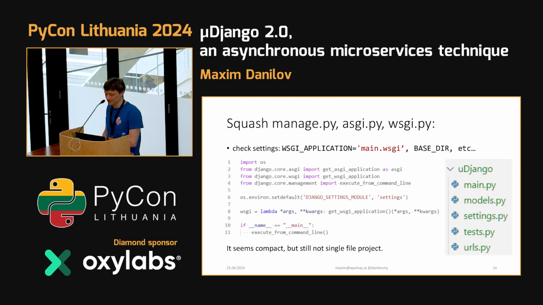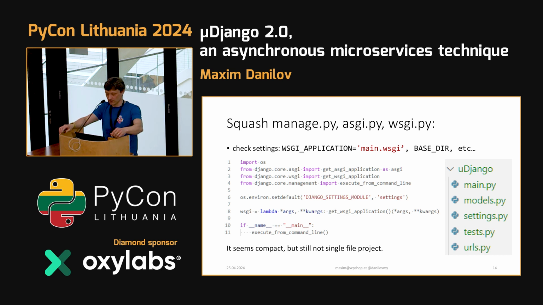The next step is I can mix the ASGI API, the WSGI API, and the manage API, and I mix them in one file. And in this case, this is a working example. You can follow me in the repository. What happens? The code in the WSGI API and ASGI API repeat themselves, but don't repeat yourself.